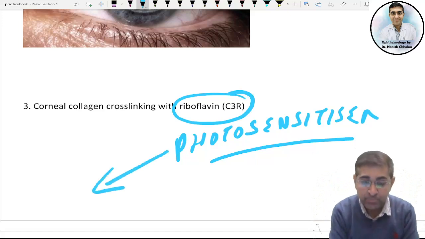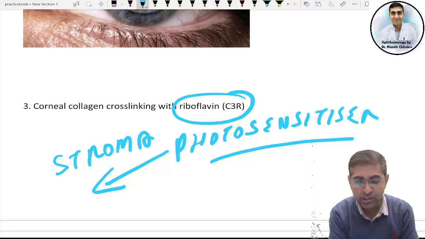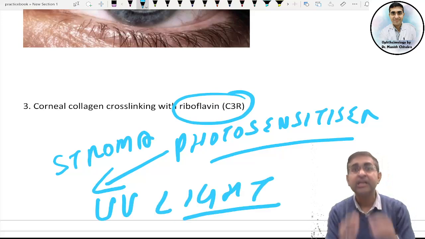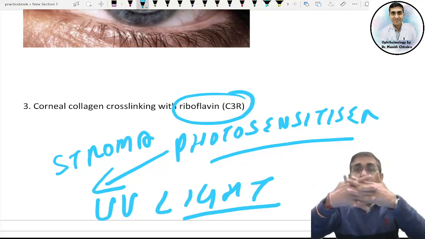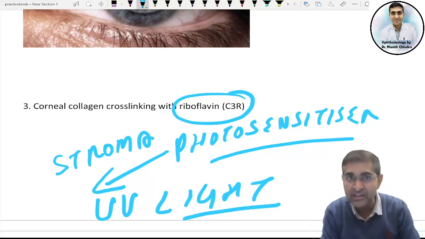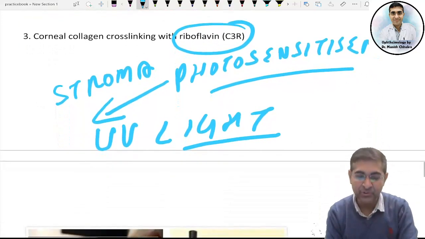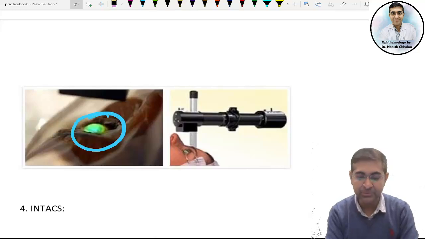Then you expose the stroma with UV light, so that there is formation of new cross linkages between the collagen. So that is corneal collagen cross linking. Okay, so that is your procedure. You can see that it is being exposed.